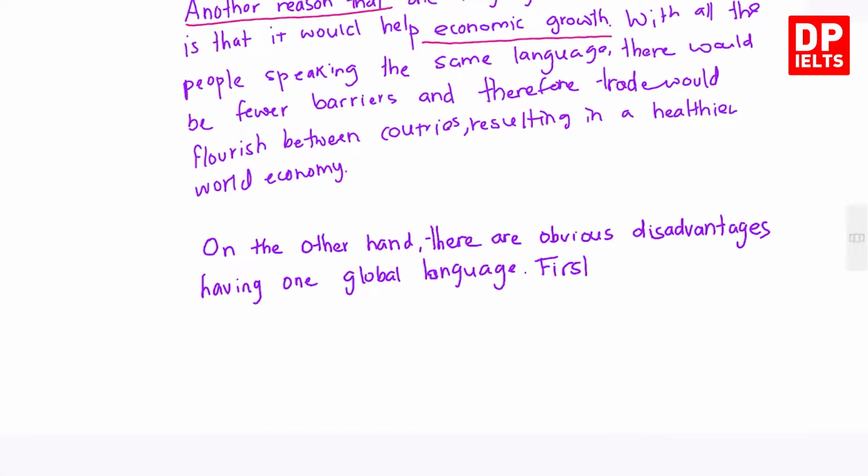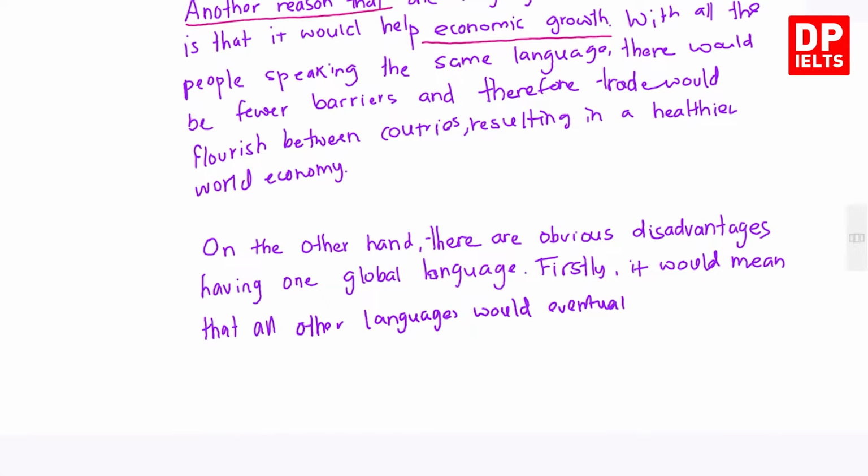Firstly, it would mean that all other languages would eventually disappear and along with them their cultures.